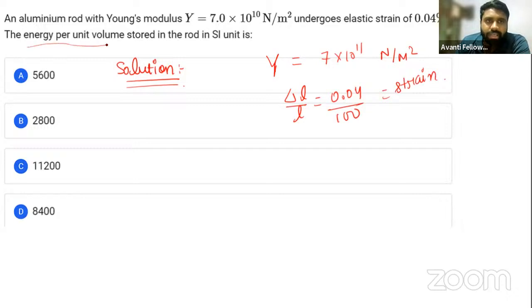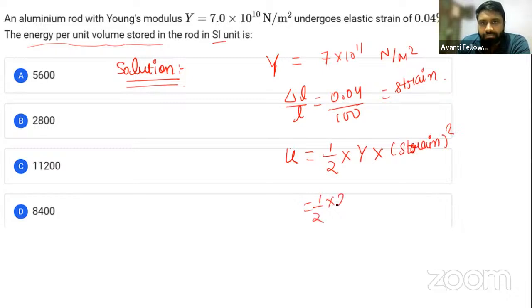This is the value of strain. Now we have to find out the energy per unit volume in SI unit. Okay. So we know that energy density is being asked, because energy density is the energy per unit volume. So it is 1 by 2. Option A you are. Okay. We will check. 1 by 2 Y into strain square. We are applying the direct formula. 1 by 2 Y we have as 7 into 10 raised to the power 10.